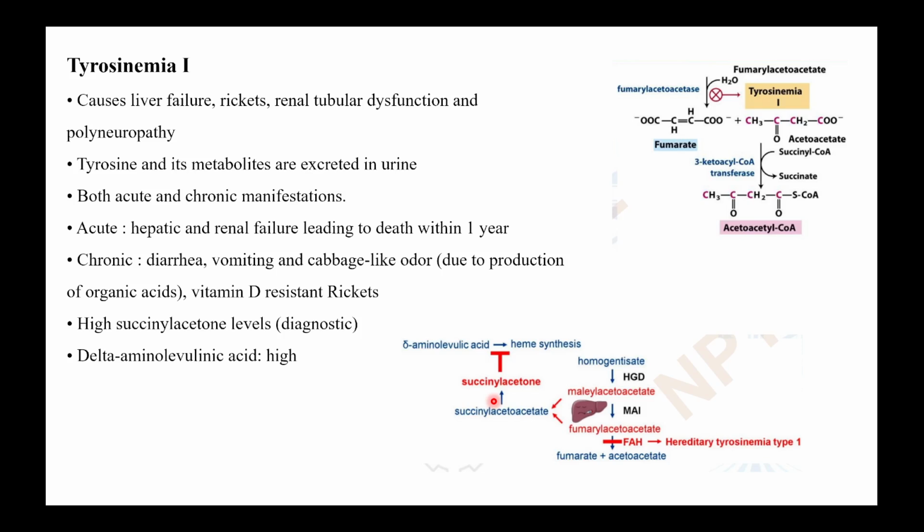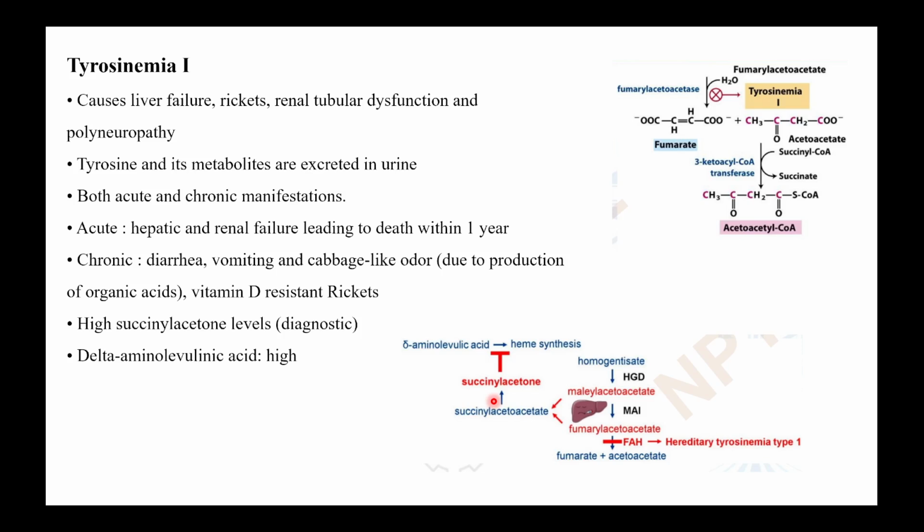So this is a very prominent diagnostic marker, succinyl acetone, because fumaryl acetoacetate, which is naturally converted to fumarate and acetoacetate by the enzyme fumaryl acetoacetate hydrolase, is not present or defective, so this fumaryl acetoacetate gets converted into succinyl acetoacetate and further to succinyl acetone.